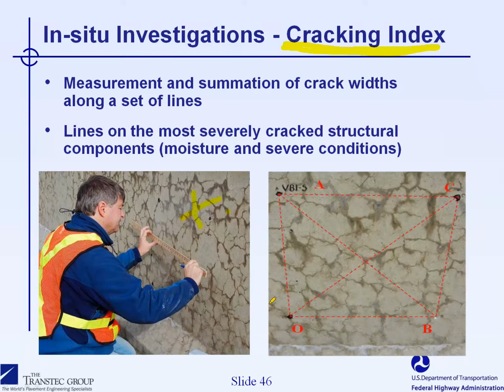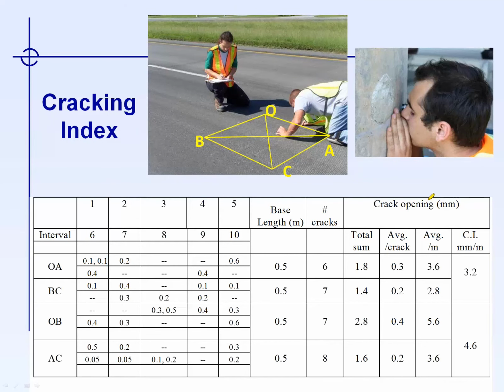The distance between the markers here is about 20 inches, and the suggested approach is to determine the cracking index by counting the number of cracks that are met by the different lines of this pattern here, and not only counting the cracks, but also evaluating crack width along those lines. So this process is called the cracking index.